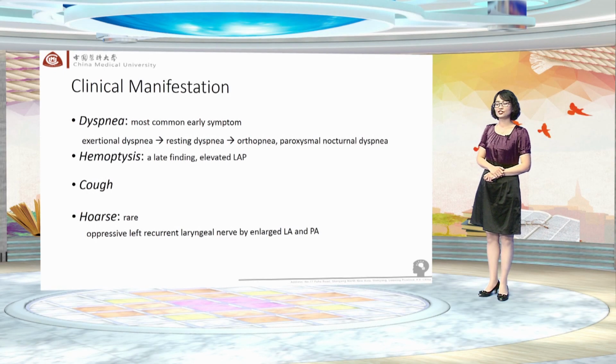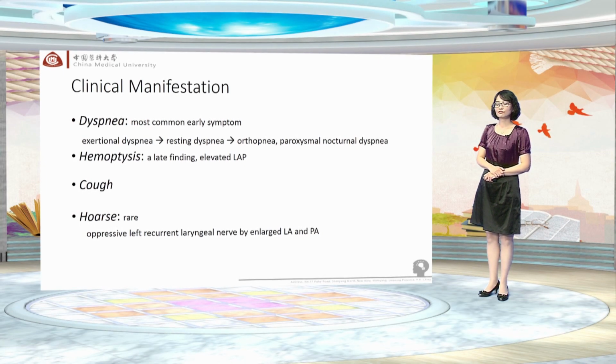Due to the elevation of the left atrial pressure, the clinical manifestations of the patients are usually dyspnea, hemoptysis, and cough. The dyspnea can range from exertional dyspnea to orthopnea and paroxysmal nocturnal dyspnea.